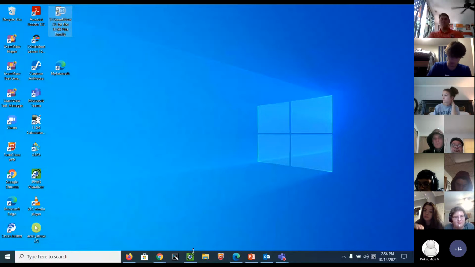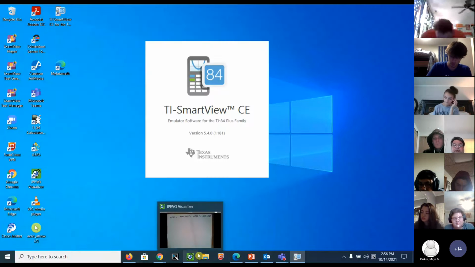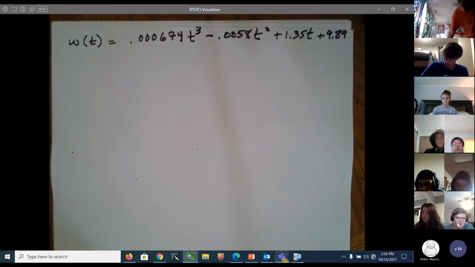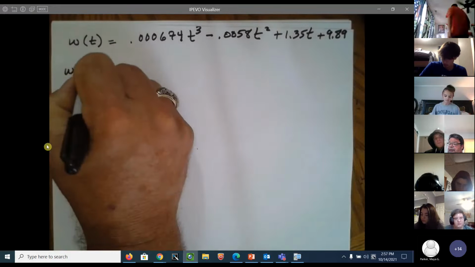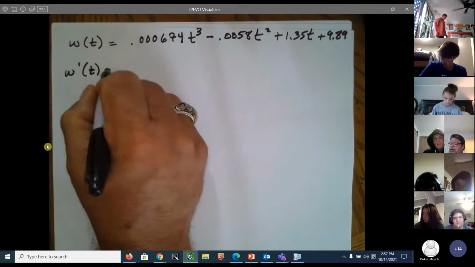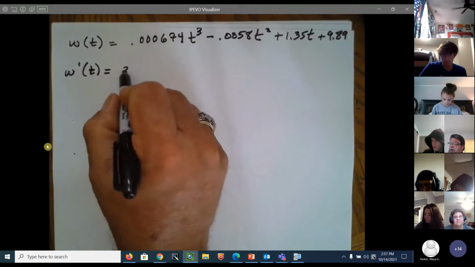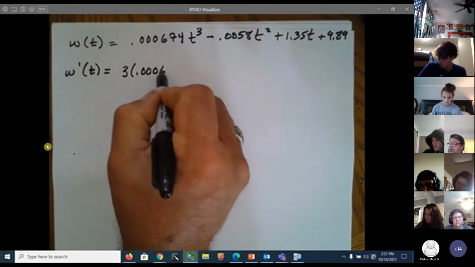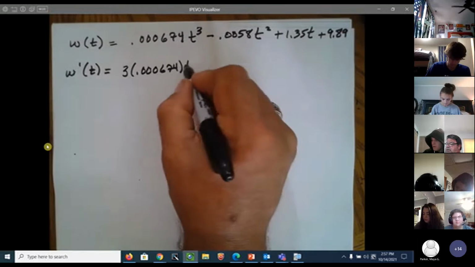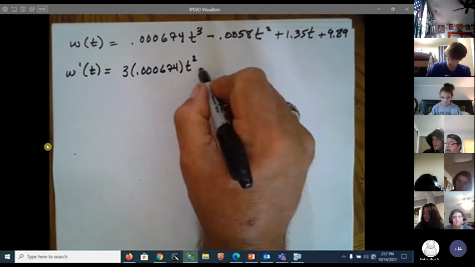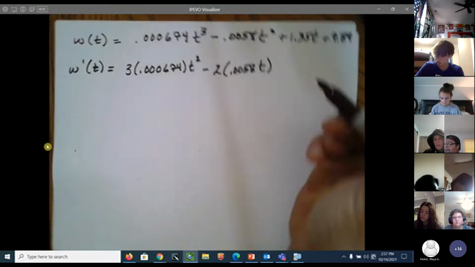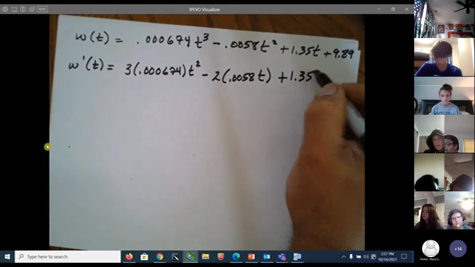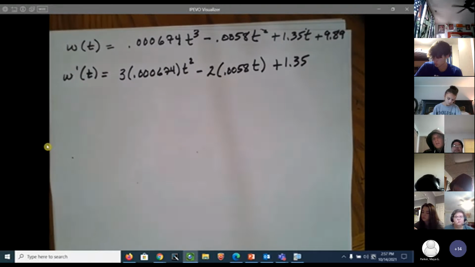So that's going to be W prime of t, outside, inside. So 3 times 0.000674 t to the second minus 2 times 0.0058 t plus 1.35. So there's the derivative. Now I take my handy dandy calculator.